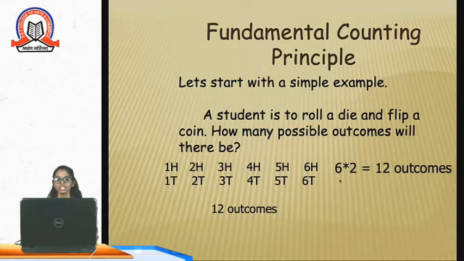My first event is rolling a die, and the possible outcomes are 1, 2, 3, 4, 5 and 6, so the total outcome is 6. For flipping a coin, the total possible outcome is either head or tail, that is H and T. Then multiply these two, 6 into 2, and we get 12 outcomes.